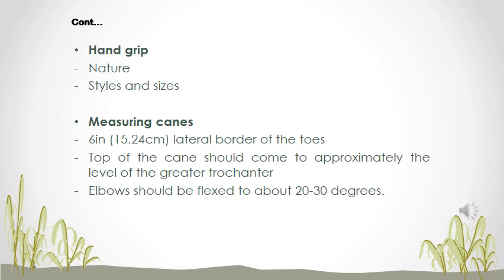The top of the cane should come to approximately the level of the greater trochanter. And when you have placed the cane 15 centimeters lateral to the toes, and the top of the cane is at the level of the greater trochanter, the elbow should be flexed to a 20 to 30 degree angle, so in slight flexion. Then you know that that is the correct position and measurements for your patient.